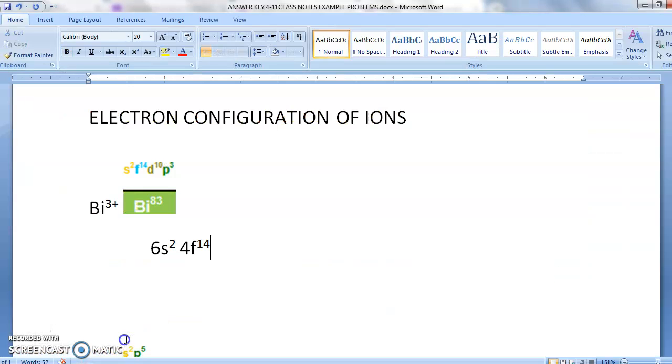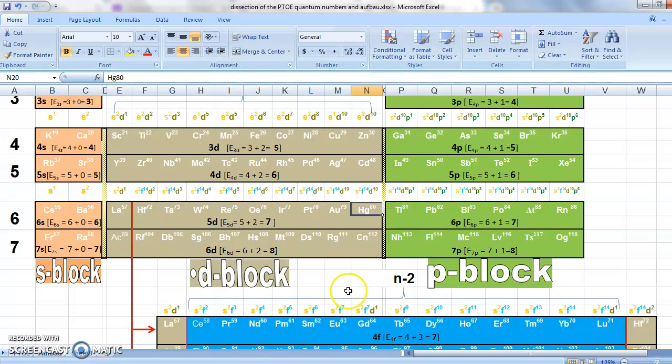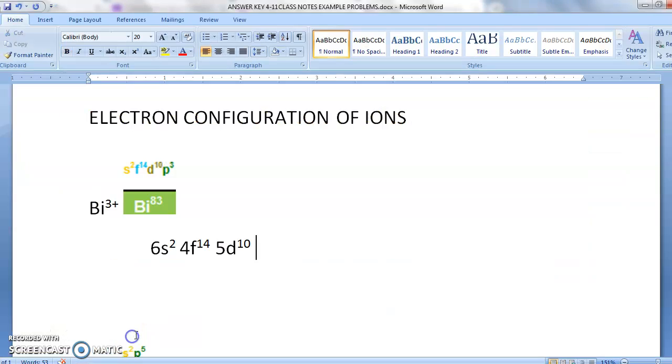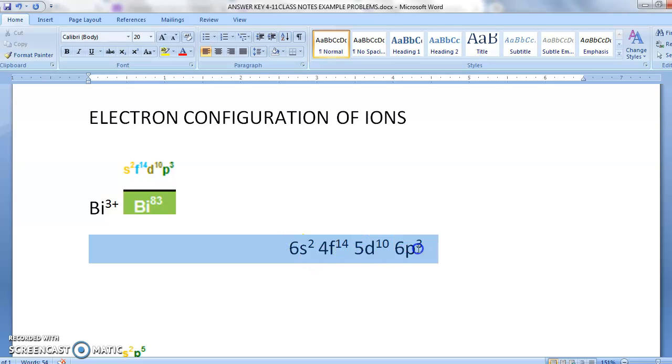So I know that this is going to end in 5D10, so I type it. S2, F14, D10, that is the same thing that we see right above bismuth. P3, that is because bismuth is the third element over in the 6P. So which P3 is it? It's the 6P3. So I return to my drawing, my electron configuration, and I type in 6P3.